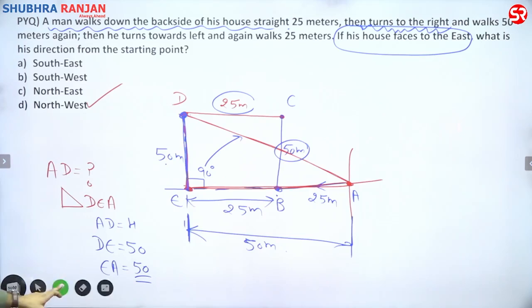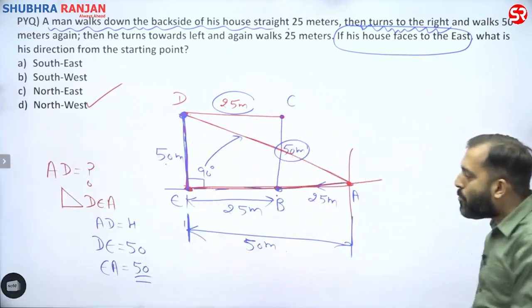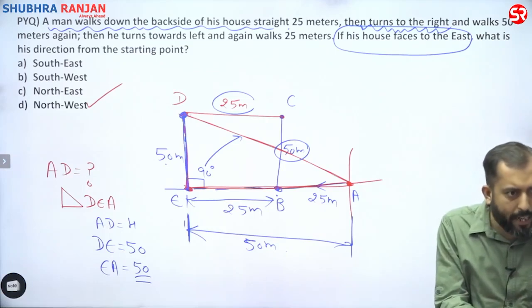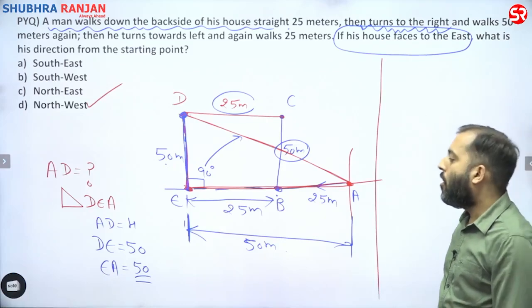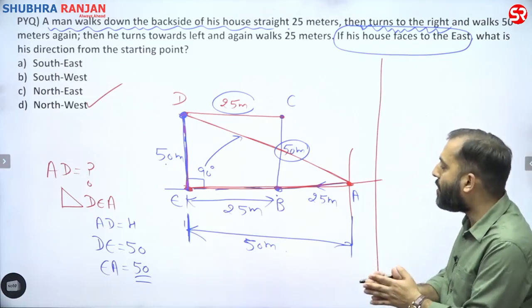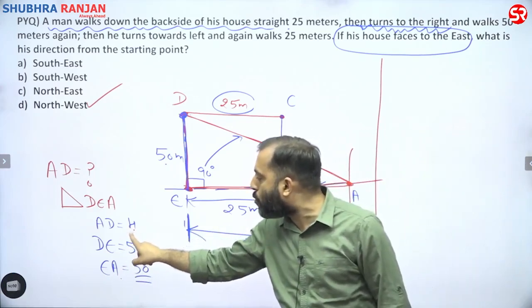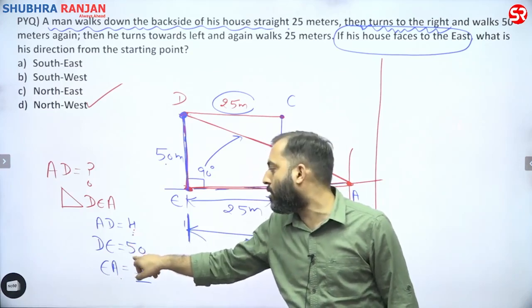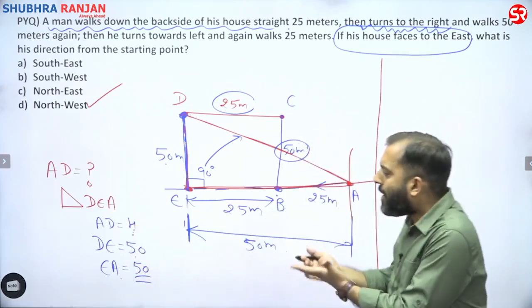Now see, you can solve this question using Pythagoras theorem directly, or you can remember one thing: when two sides are equal, then the hypotenuse is going to be equal to root 2 into this side. Otherwise, what else can you do?